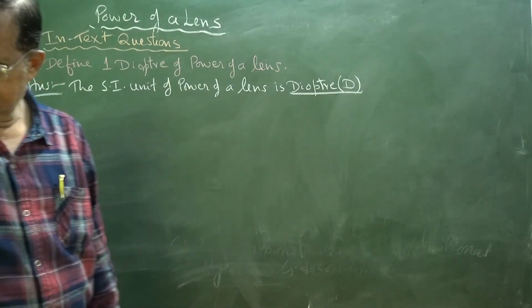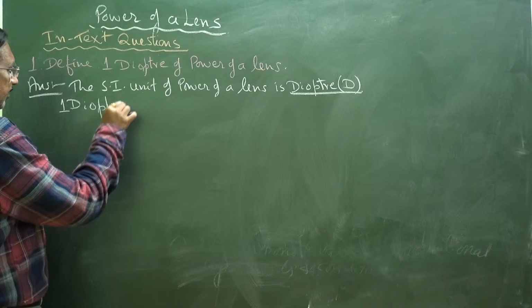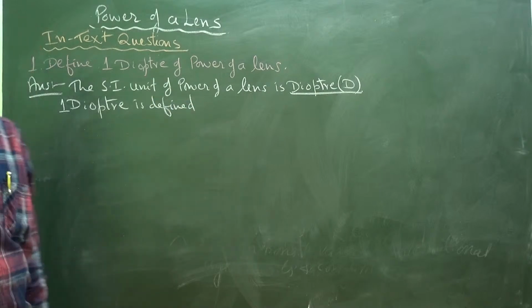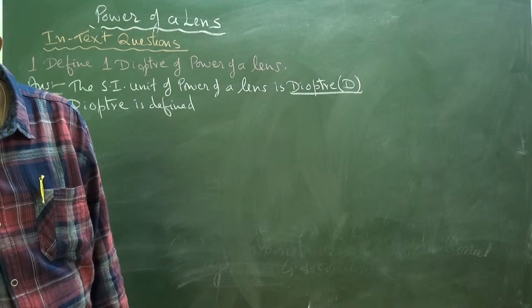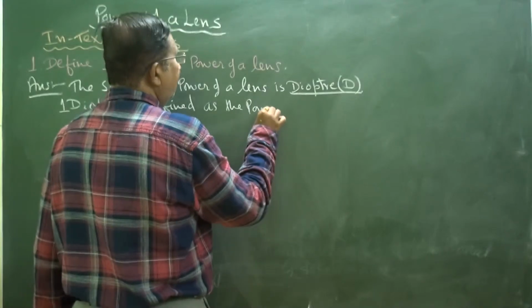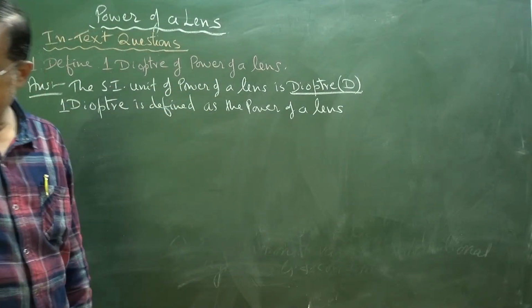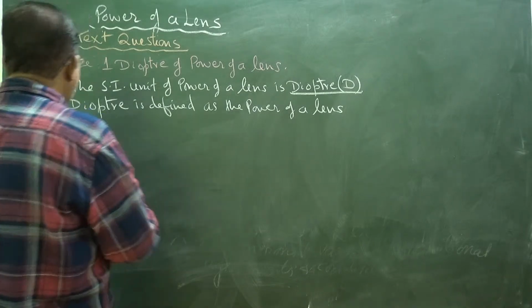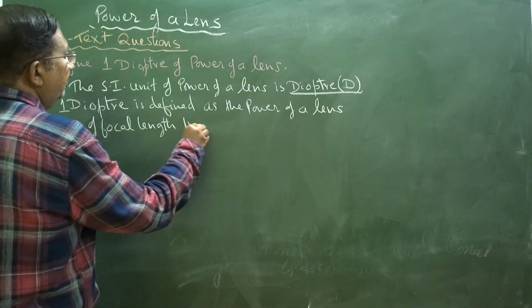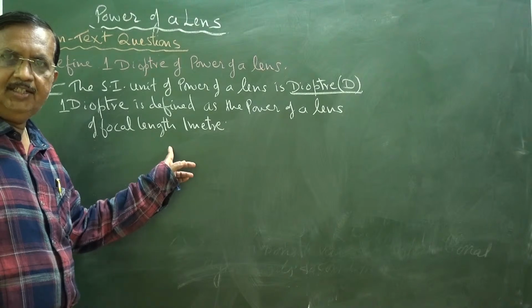So, 1 diopter is defined as the power of a lens of focal length 1 meter.